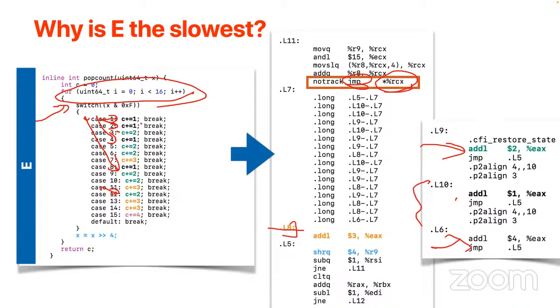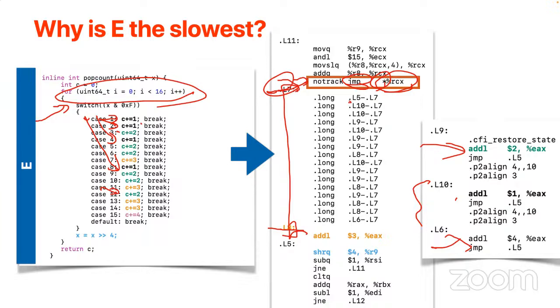And for RCX, there is a pointer here, right? This pointer is actually an index into this jump table. If you look at this jump table, it is telling you, so this is L7. L7 is the location of this instruction right next to the jump instruction, and this tells you the offset.